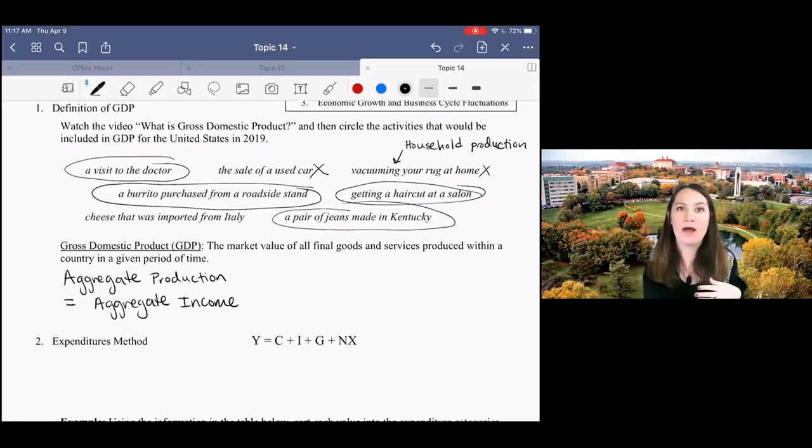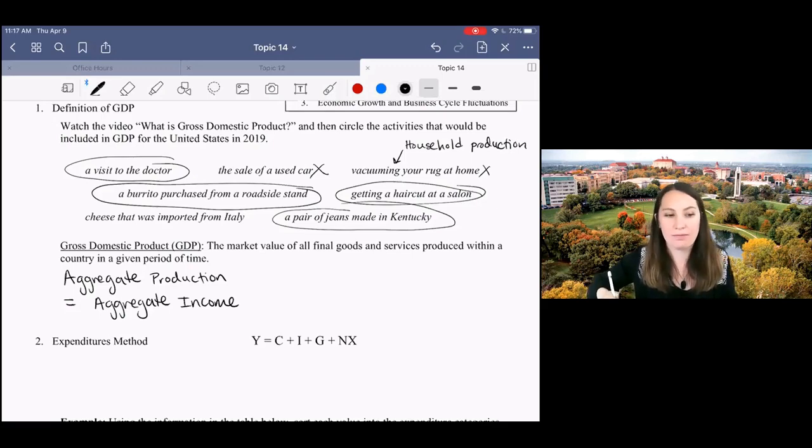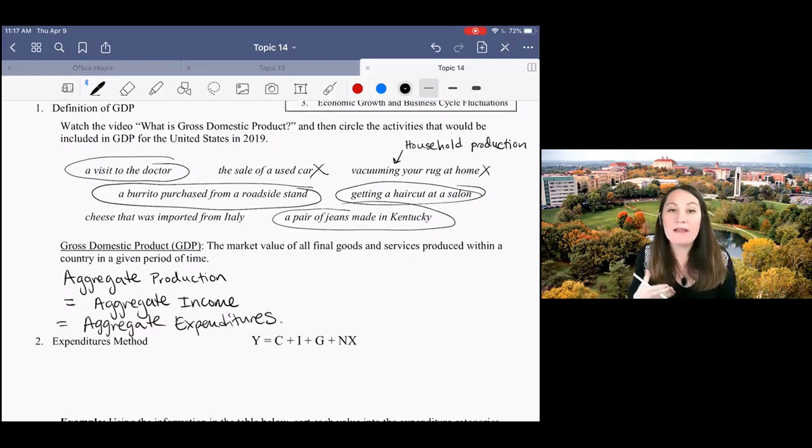And so aggregate expenditures, total expenditures, is going to be equal to total income. So what we really care about when we're measuring aggregate production is to get some sense of not just how much is being produced in this country, but how much value is being created, because that gives us a sense of how much we can consume.